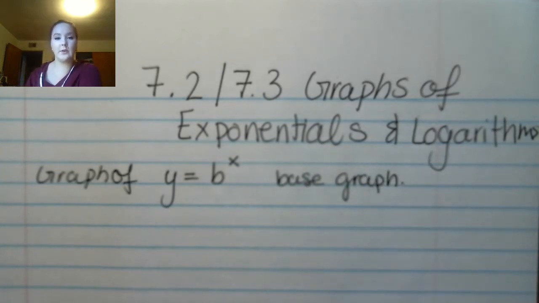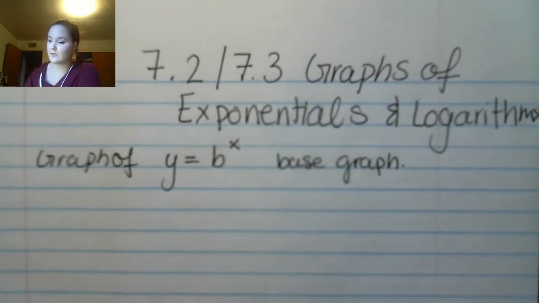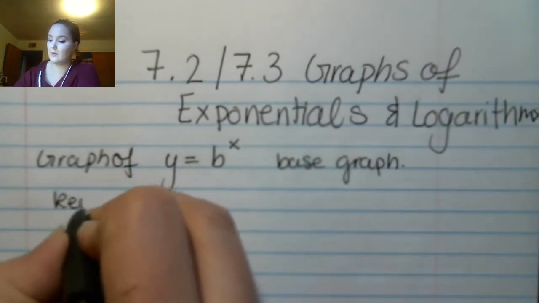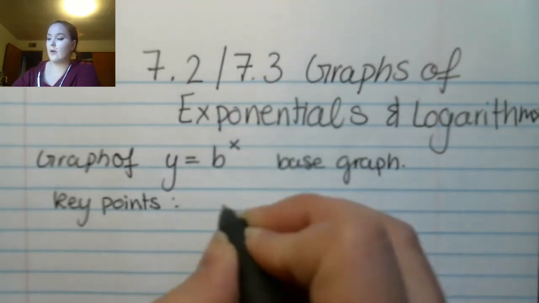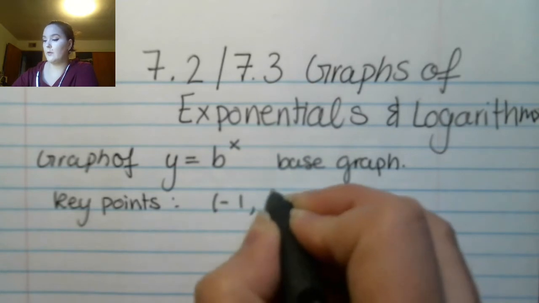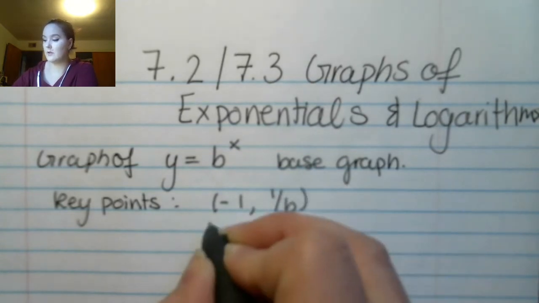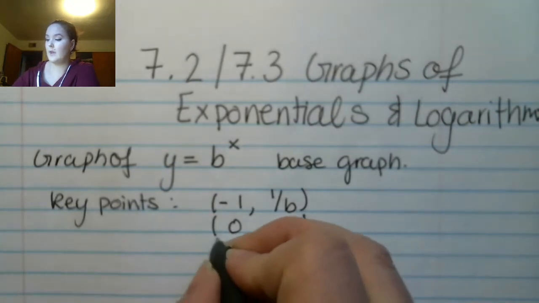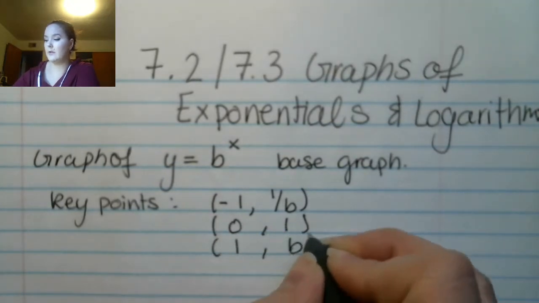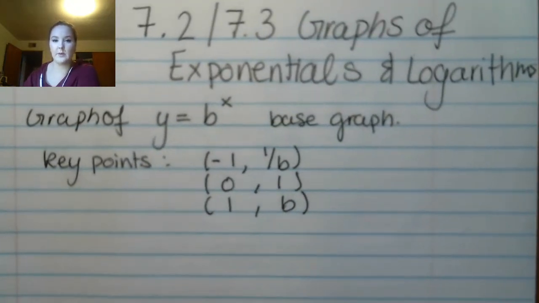Okay, so we're going to look at the key points first. Our key points for this base graph are -1, 1 over b, 0, 1, and 1, b. Okay, so those are our three key points.